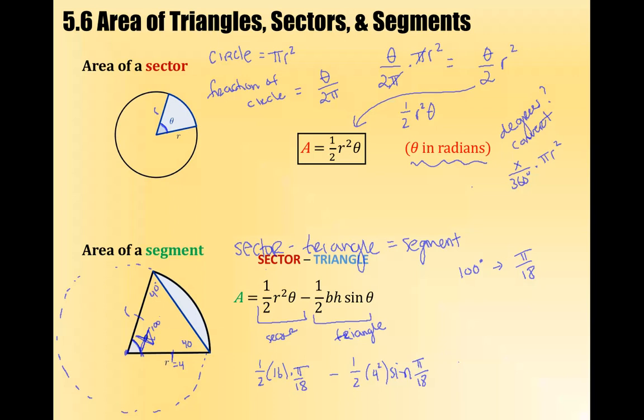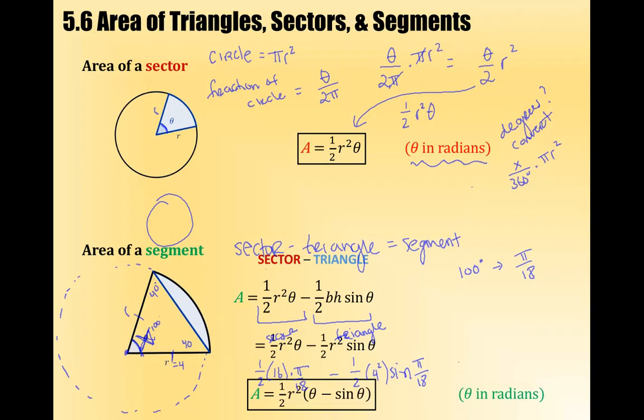Not a special angle the way I just did that. And so this works because if you're dealing with a quarter of a circle, you're taking the area of the circle and dividing it by 4, which is 90 degrees. And then when you do this, it's just the same area that you've always worked with. Pretty cool, right?